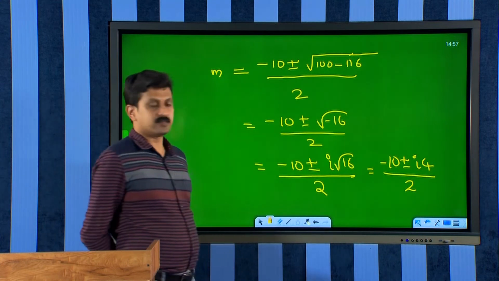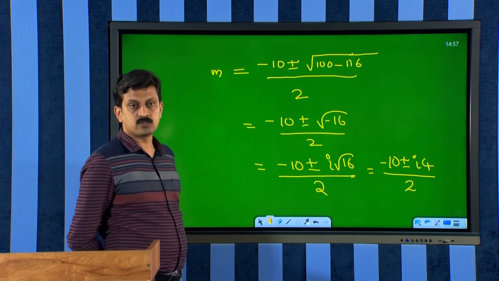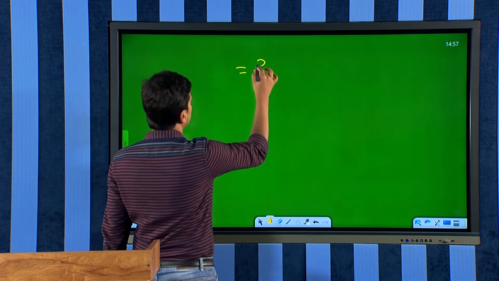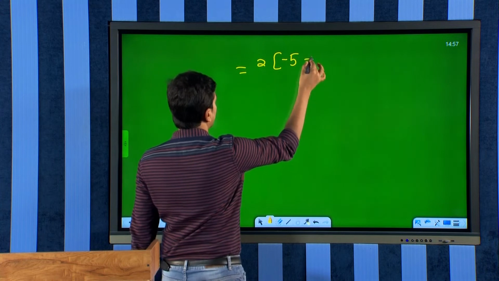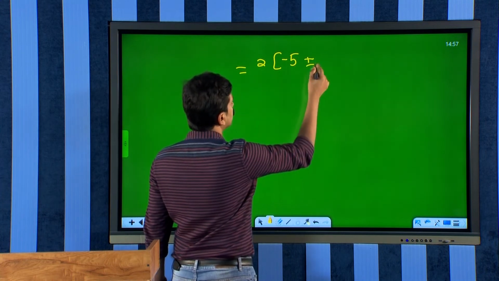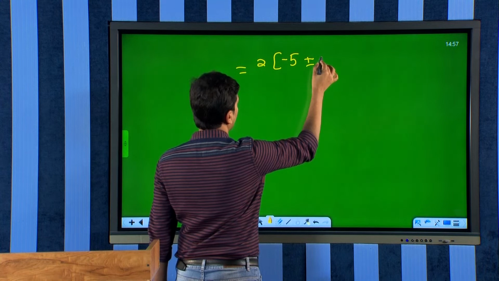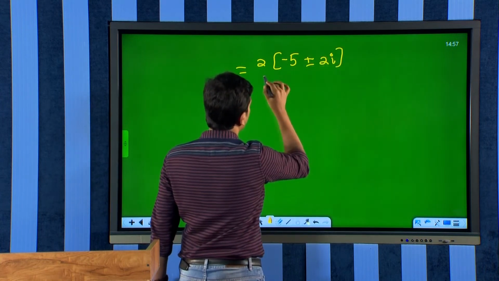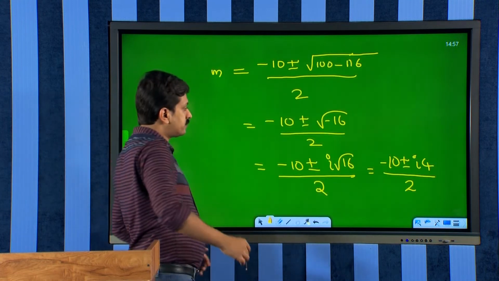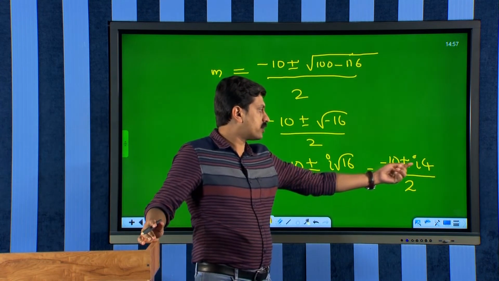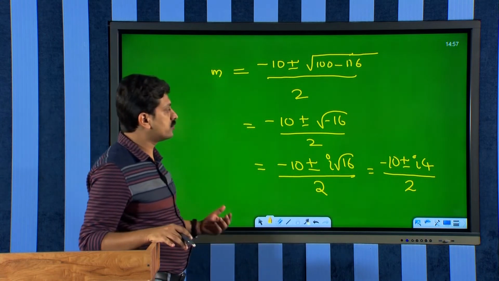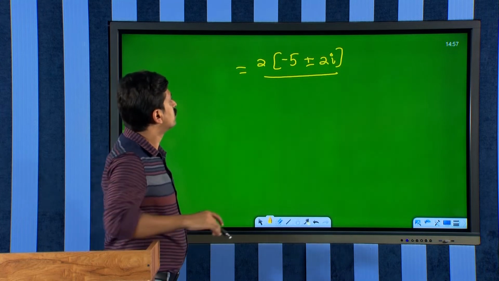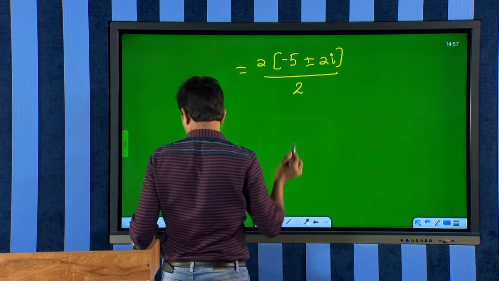Fine. So we can take 2 out and then cancel. This is equal to 2 into minus 5 plus or minus 2i, divided by 2.